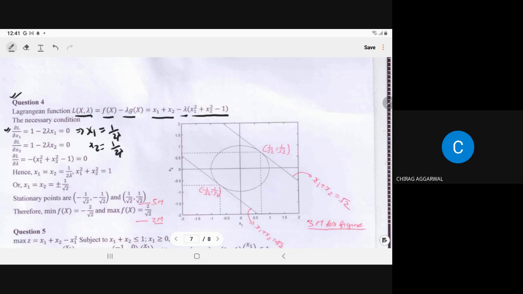Then del L by del lambda, that is minus (x1 square plus x2 square minus 1), is equal to 0. So here, if you put the value of x1 as 1 upon 2 lambda and the value of x2 as 1 upon 2 lambda, that will give you x1, x2 as plus minus 1 upon root 2. Means x1 square plus x2 square is equal to 1.